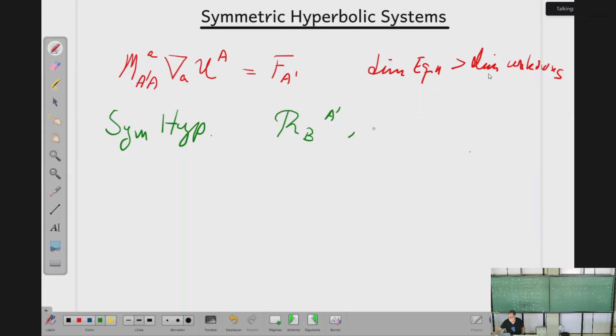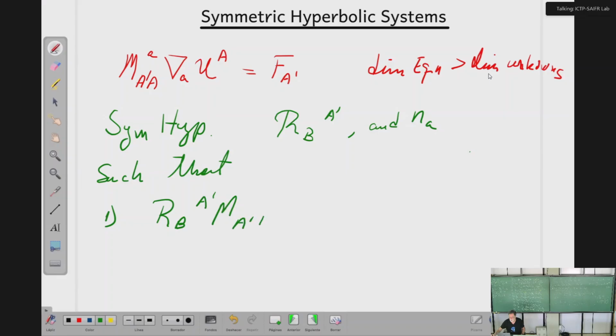And a vector n_A such that we have two conditions. One, R_B A' M^A' _A n_A is symmetric, in these two indices, for every A, right?